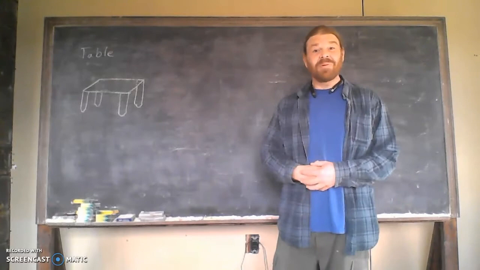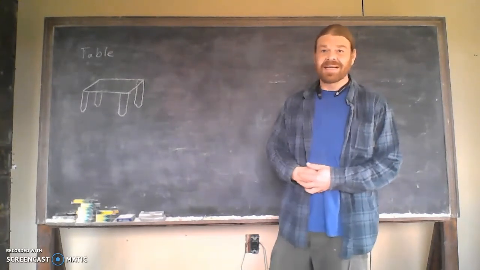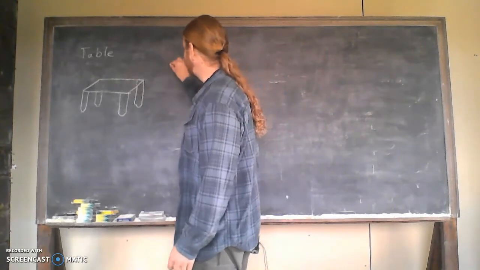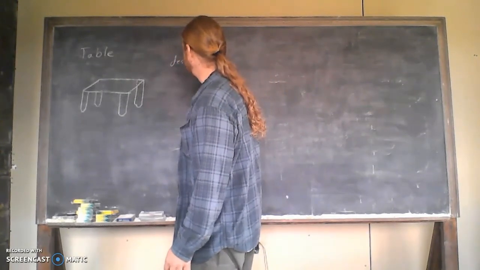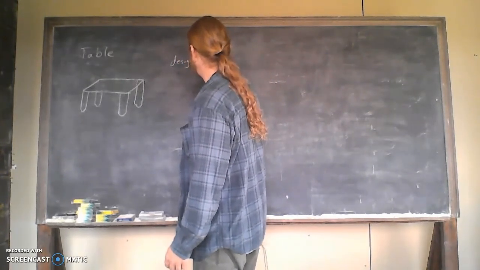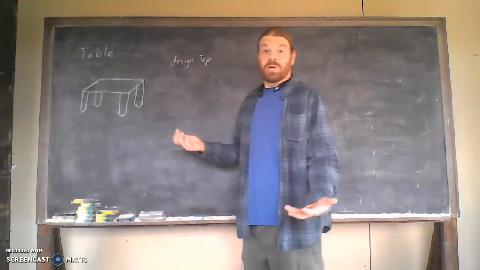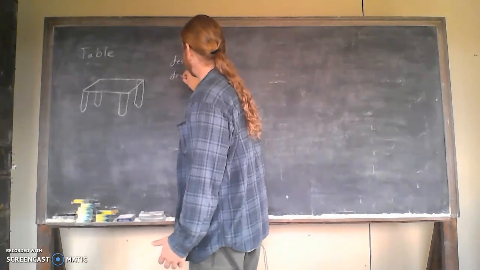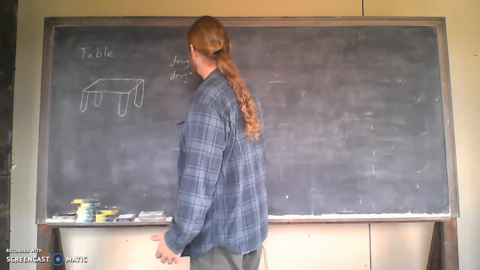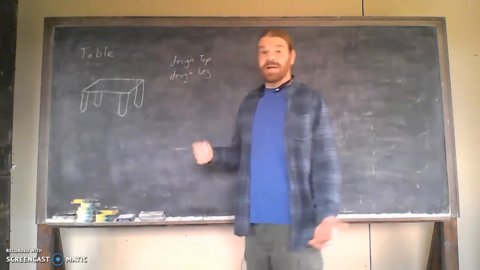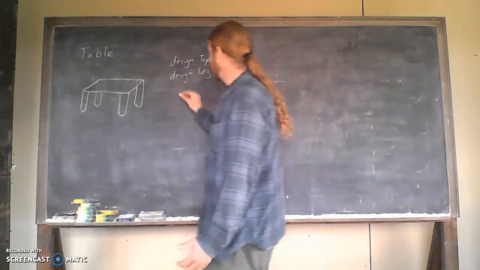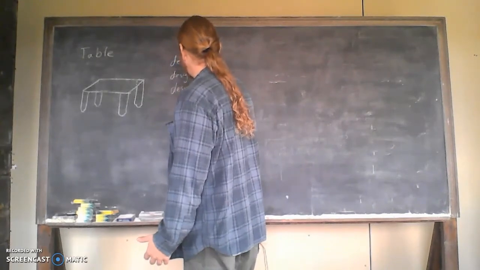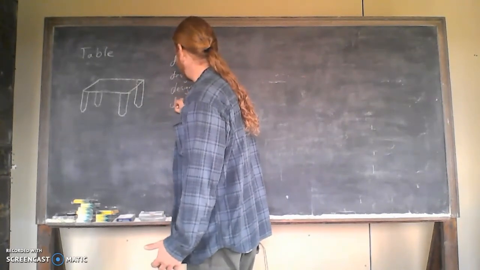But with what we've been doing so far, it's kind of like we did this for our table. We'd design a top, and then the top of a table has to sit on something, right? So then we'd design a leg. One leg's not going to hold up a table. Then we design another leg.